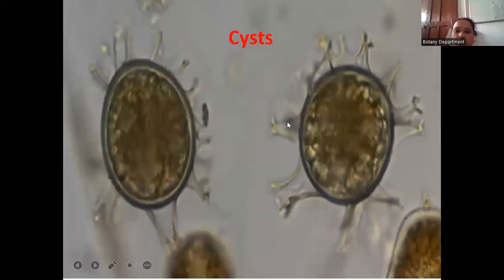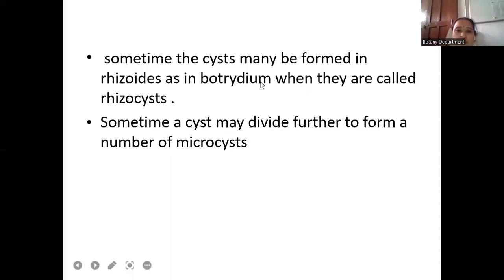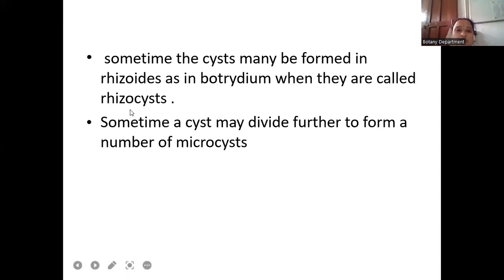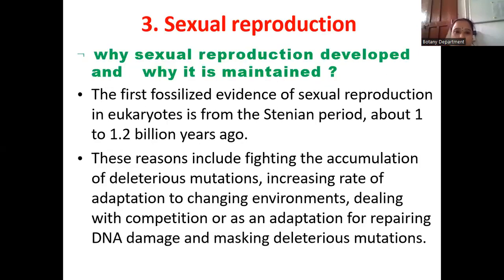See here, these are all thick-walled cysts. In this example you can observe the rhizoids. This is a thick-walled cyst with an outer layer, which is the rhizoid. In Botrydium, when rhizoids are present on the cyst, it is called a rhizocyst. It is also divided into a number of microcysts.